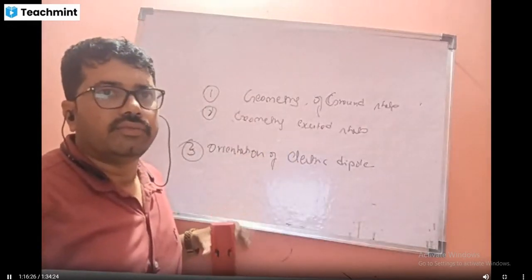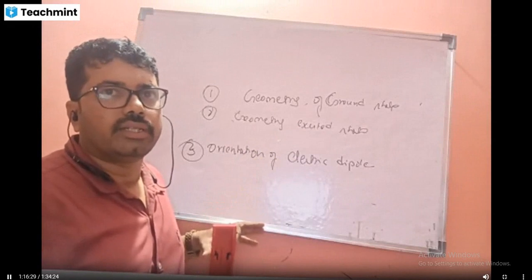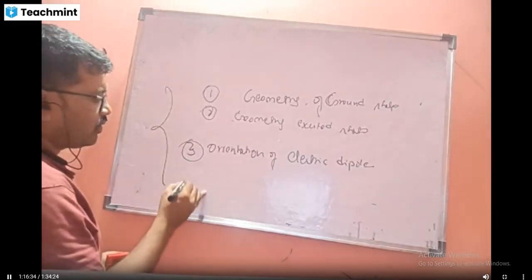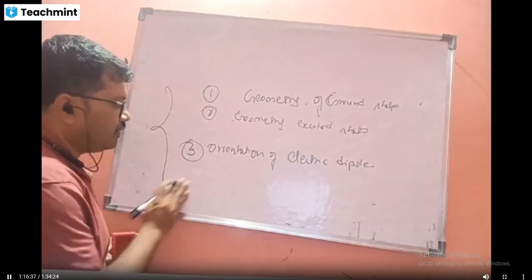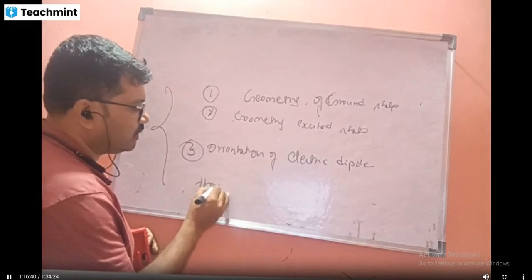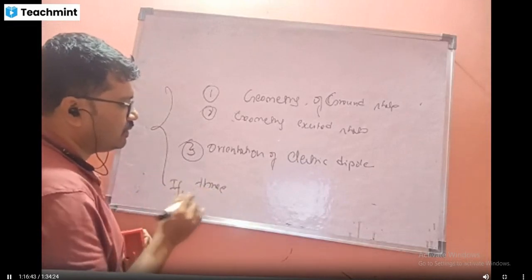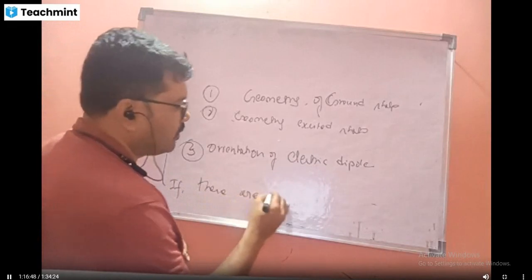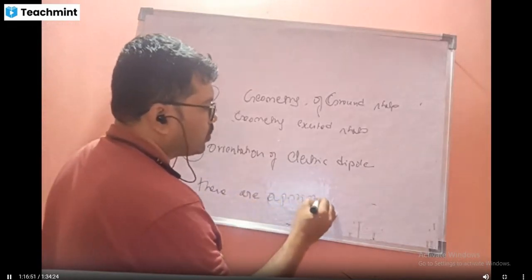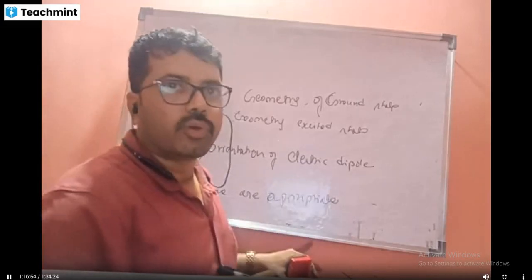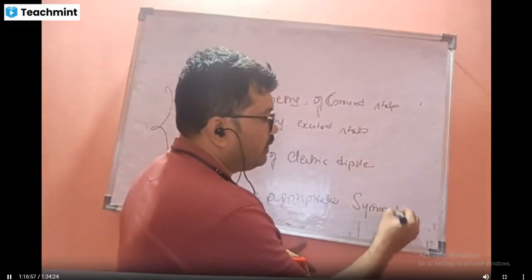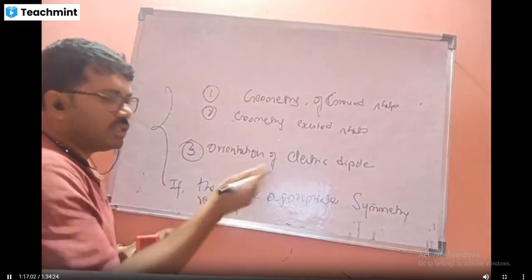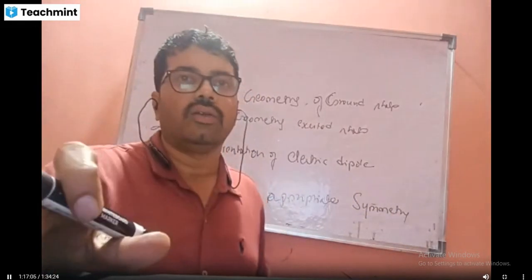If these three factors have an appropriate symmetry relationship, then an allowed transition will result. Otherwise, it is not allowed, meaning forbidden.